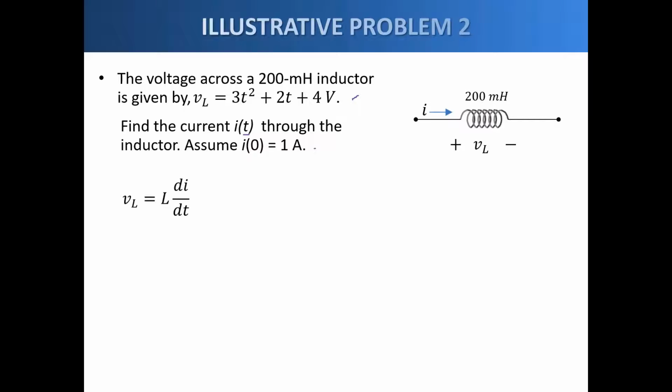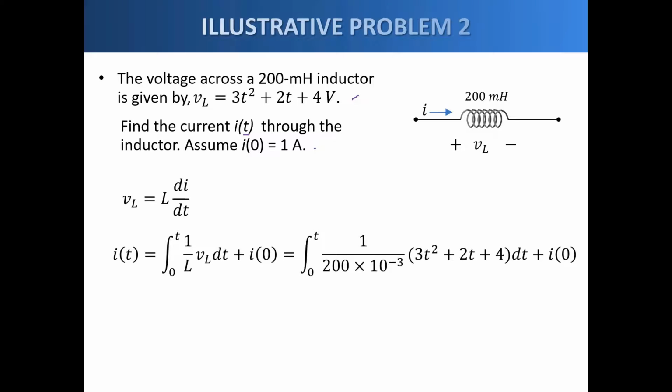So again, we use the relationship of the voltage and the current. To get the current, we use integration. So we integrate from 0 to t to get the accumulation of the current, plus the initial current so that we can get the total. So doing that will give you this.